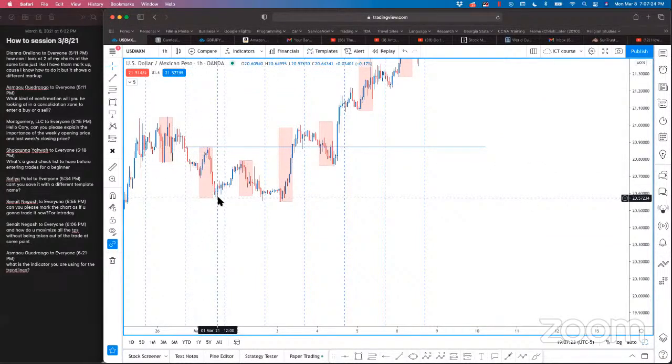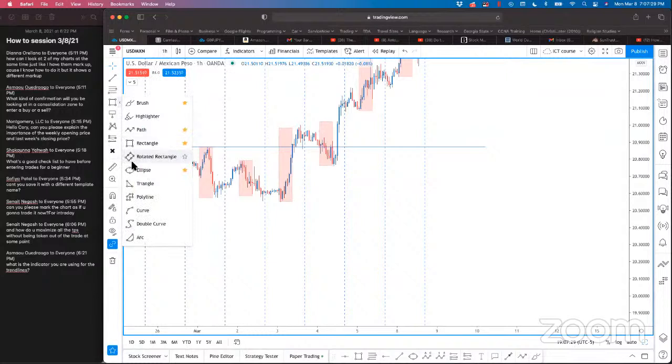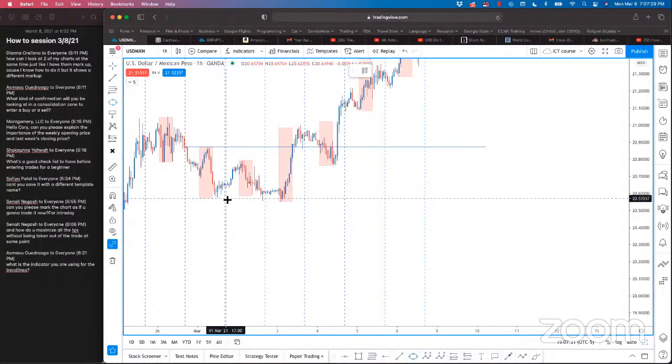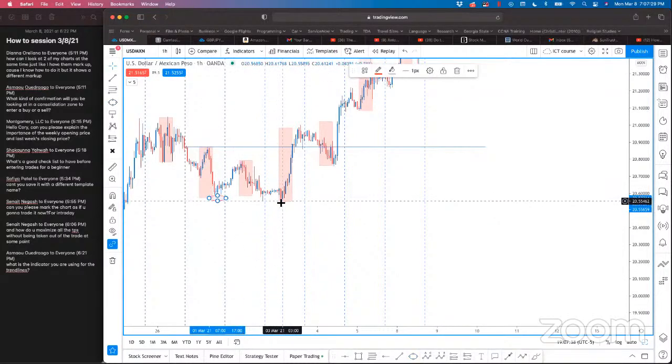It made the low for the week right here. And then we had it retest the low 1, 2 at a time. So we had 3 opportunities to get in at the very low of the week, right?